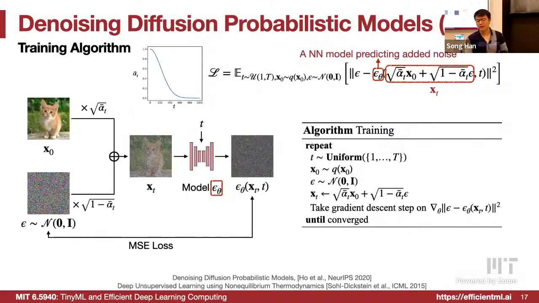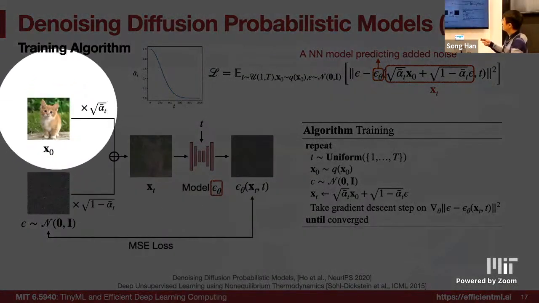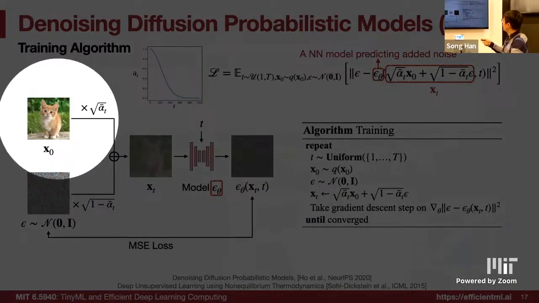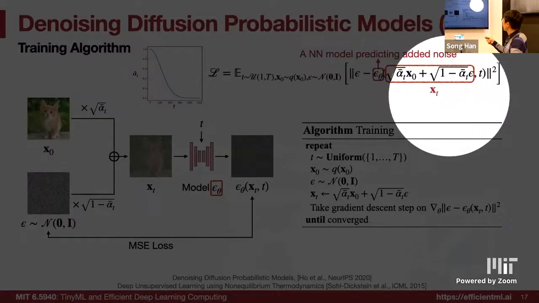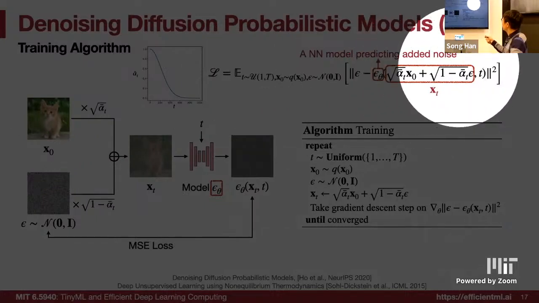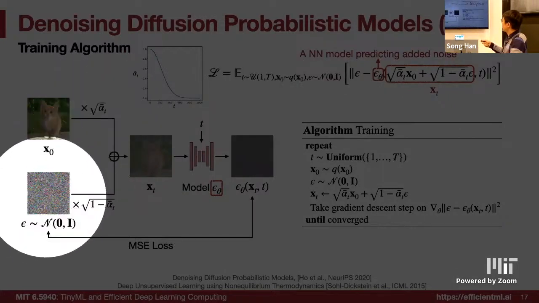So let's see in practice, how do we finish the training? Given a clean image, which is x0, since we have the relationship between x0 and xt, xt is basically equal to x0 times a scaling factor plus the noise.